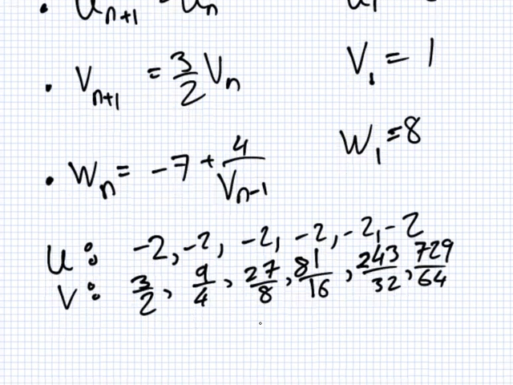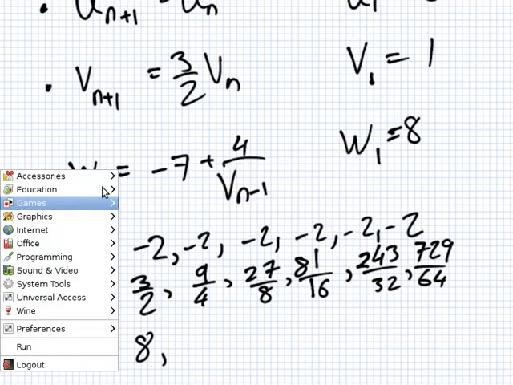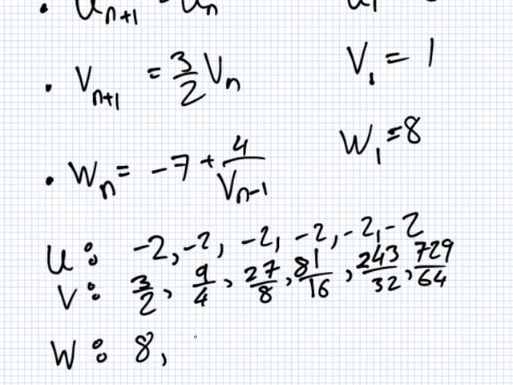And W. Okay, so the first one is 8, and then we can open up the calculator, which I don't actually have. Anyways, next one. People have answers? Minus 7, then minus 13/2, is it?